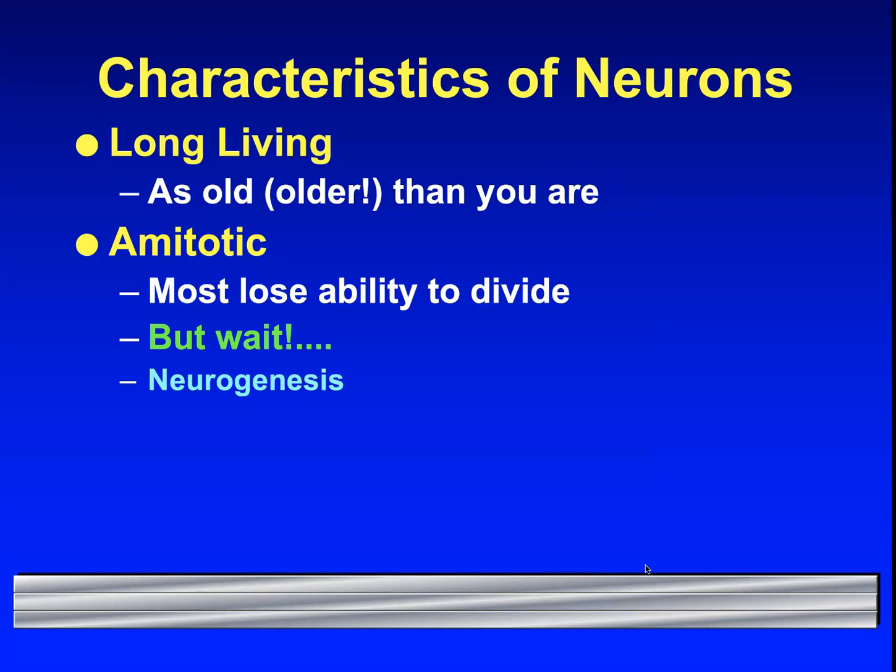Neurogenesis is the creation of new neurons, and we do have this in human brains. The hippocampus, which we'll talk about soon, part important for learning and memory, is the most active region for neurogenesis. And some things decrease it, some things increase it. So learning increases neurogenesis, the growth of new neurons.